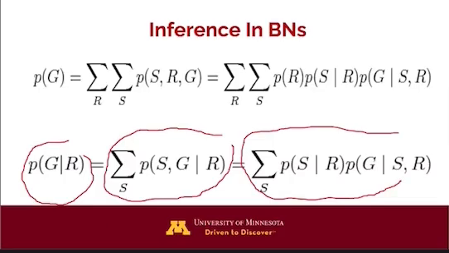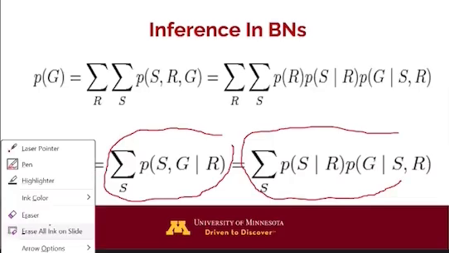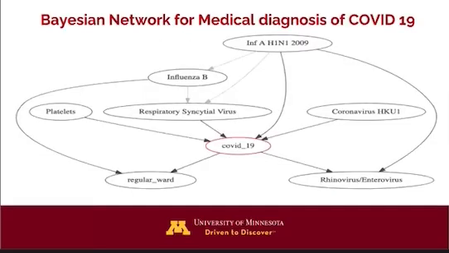Now, please pay attention. I want to go into a medical example now. The focus here is on COVID-19. COVID-19 is believed to have a probabilistic relationship with other variables. COVID-19 has a relationship with influenza B. It has a relationship with the platelet count.